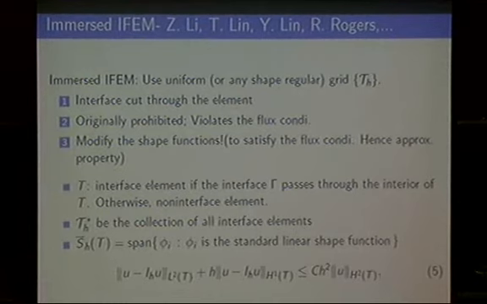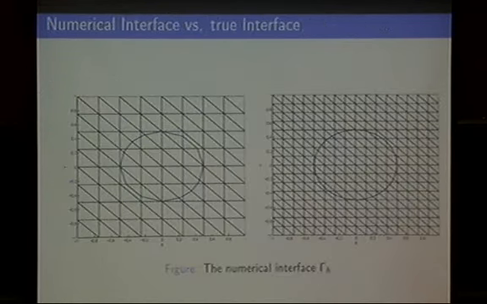So what's the property of the immersed finite element? Okay. For example, we use a uniform grid or any shape regular grid. It's called tau H. And the property of the grid is like this: the interface cuts through the element.